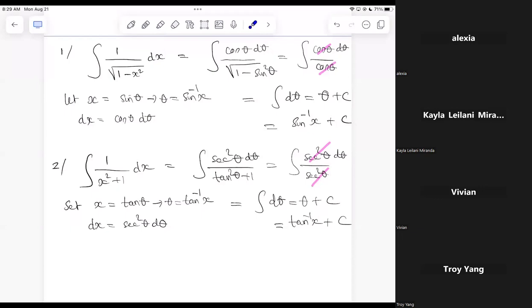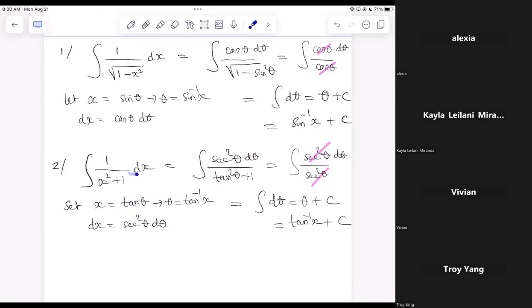Okay, so the problem is the integral of 1 over x squared plus 1 dx, right? The idea is you want to convert this integral into a new integral that we know how to evaluate, or that is easier to evaluate. So I said x equals tangent theta, right?